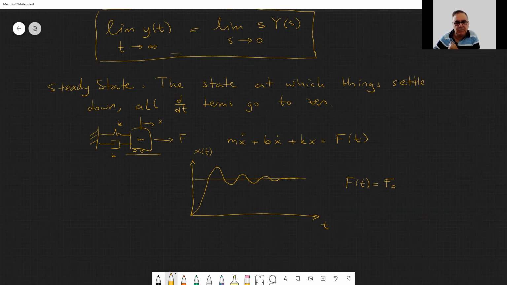At what value will it come to a standstill? At what value will all the derivatives go to 0? This is the region where you have the so-called steady state. All the derivatives have gone to 0, and this region is called the so-called transient region.